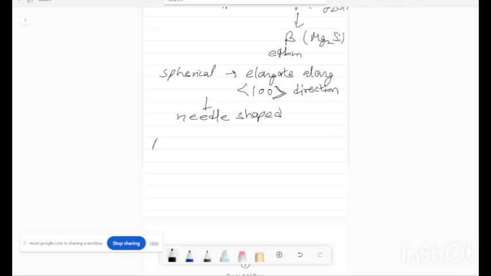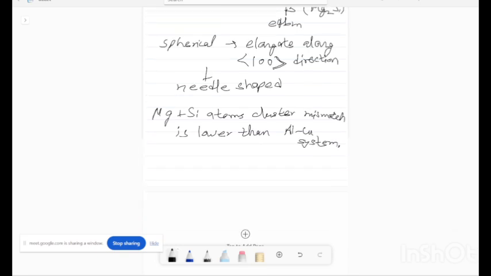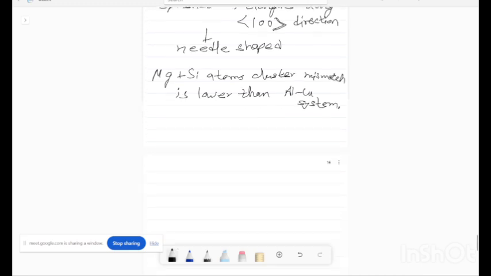One thing is there, as the magnesium and silicon atom clusters mismatch is lower than aluminum copper system. Means the effect of the mismatch due to magnesium and silicon atom is less as compared to aluminum copper system.